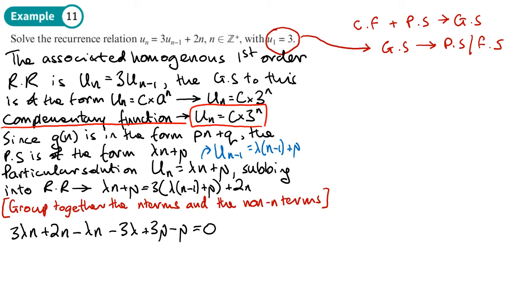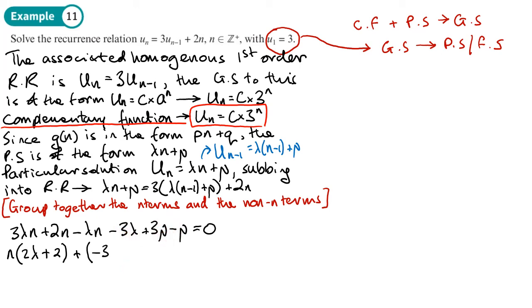Let's now group them together. For the n terms, I will have 3 lambda n take away lambda n, so that's just 2 lambda, and then plus 2, so they're all my n terms. Then grouping together the non-n terms, I will get negative 3 lambda, and putting these together, plus 2 mu.